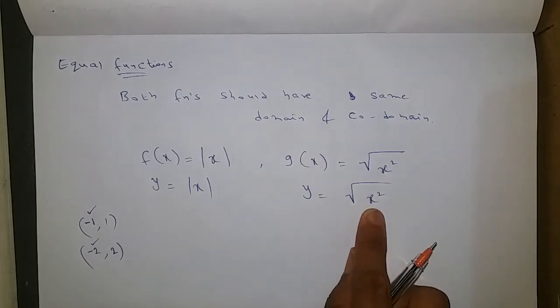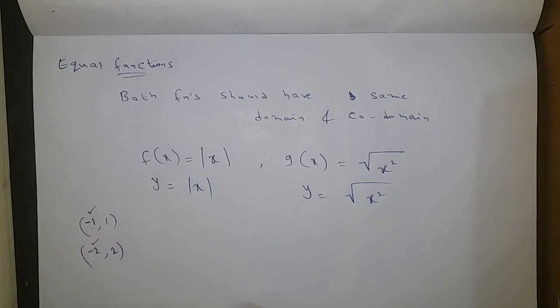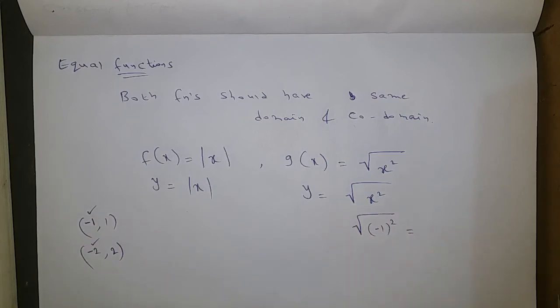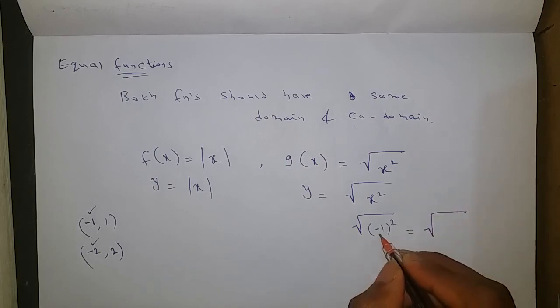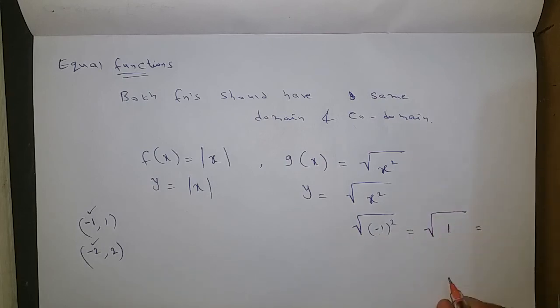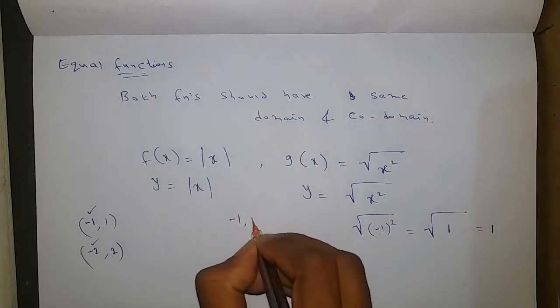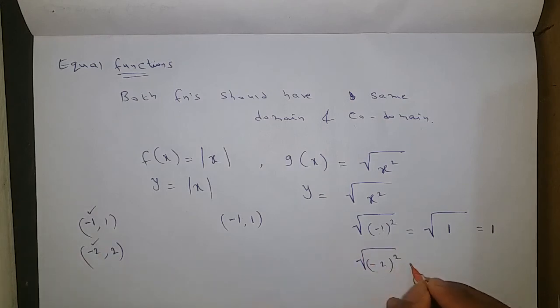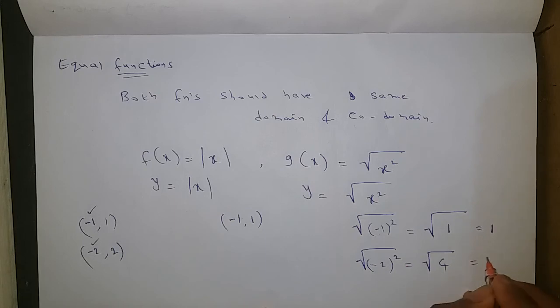Now in the place of x I am substituting minus 1. So under root of minus 1 square, that is under root 1, is plus 1. I substituted minus 1, I got plus 1. Next, I will substitute minus 2. Under root of minus 2 whole square is under root 4, which is 2.